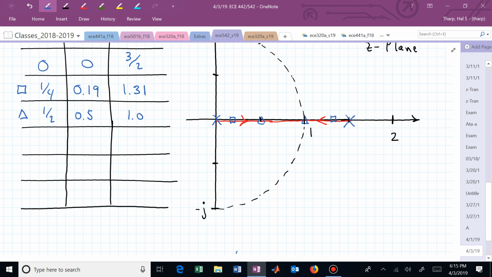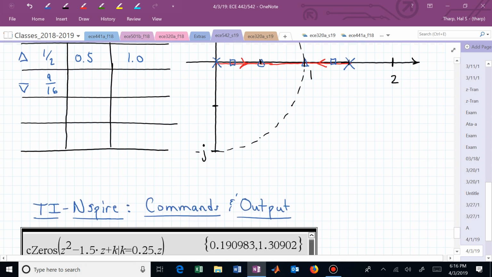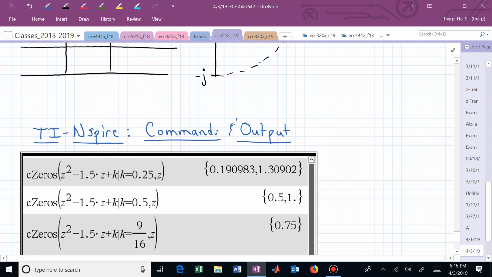So let's pick another number, and I'm not going to make it too big yet. Let me make it 9/16, just a little bit bigger than 1/2. I'm running out of shapes, but let me make this an upside down triangle. If I do that with the quadratic formula, k is now 9/16. I end up with 0.75. The calculator doesn't give me both roots for whatever reason, but I know that they're on top of each other.